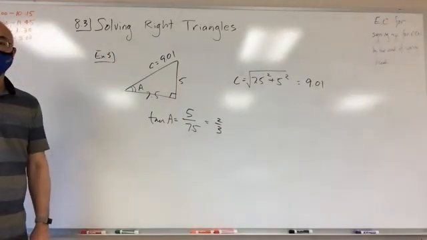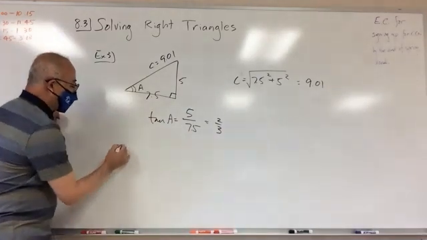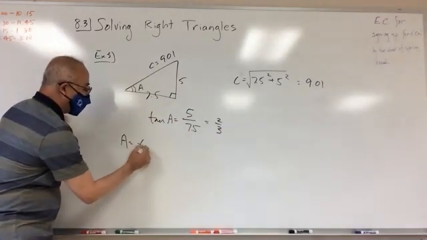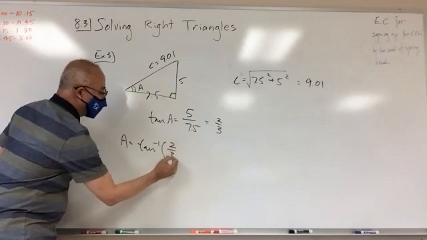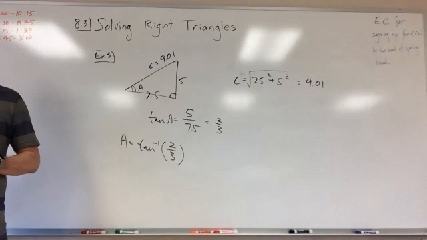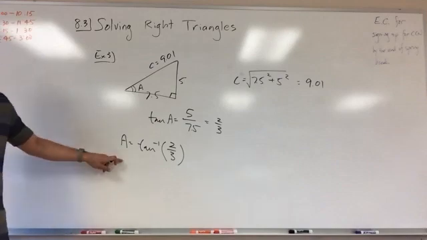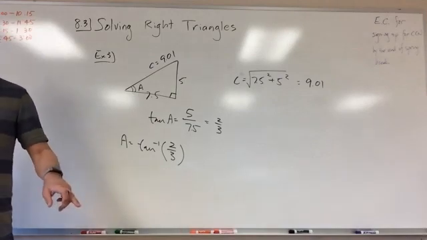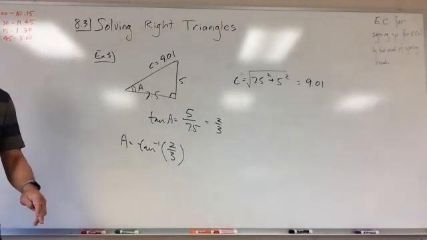So if I need to find the angle, A is going to be the arc tangent that gives me this value. Anybody tell me what this is on their calculator? What did you get?